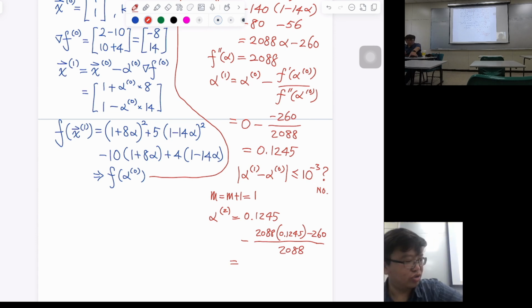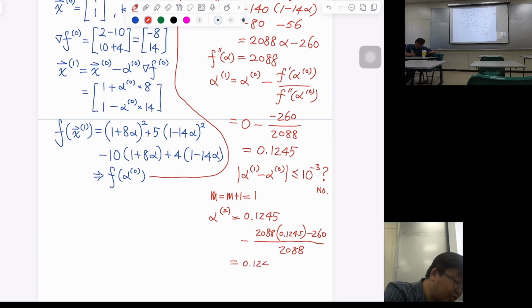So if you do the calculation, you should get the exact same result. 2088 times 0.1245 minus 260. It's very small, so it's going to be like this.